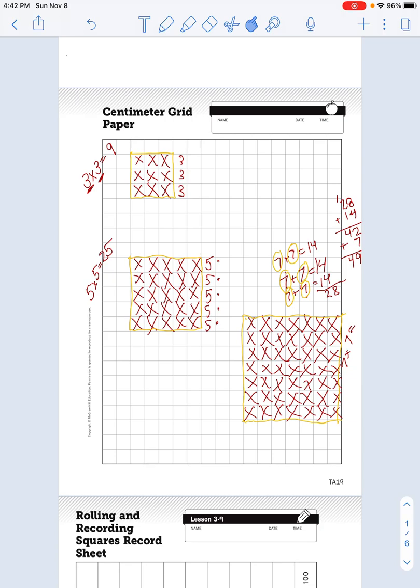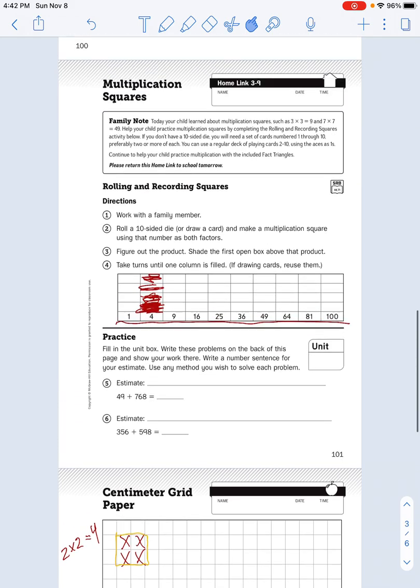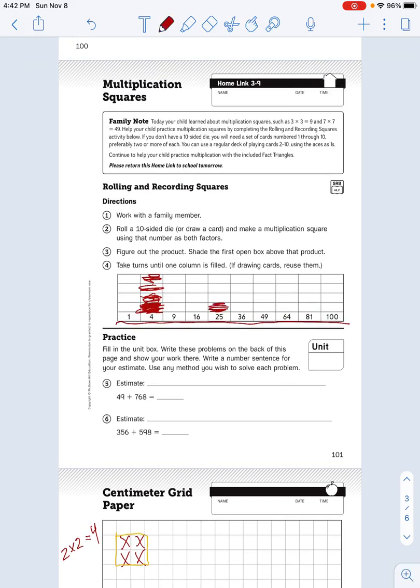So look, I know that the 3s equal 9, the 5s equal 25, and the 7s equal 49. So if I were to get those on my dice, I would have filled in a 25, a 9, and what did I say? Oh yeah, 7 is 49.